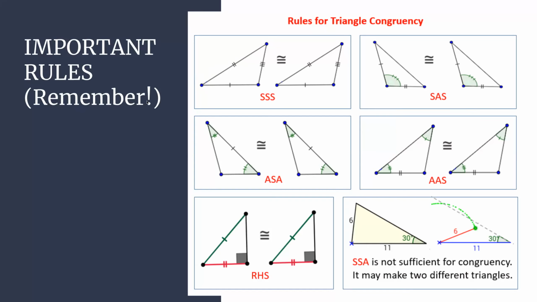there are some important rules in determining the congruency of triangles. So the main rules are three: SSS, SAS, and ASA, where S represents the sides and A represents angles.